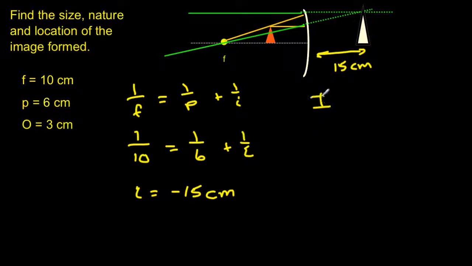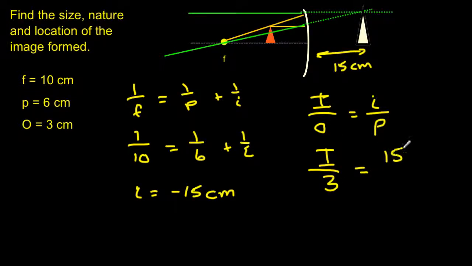Now we want to find the size, so we can use our second equation, which is I over O equals lowercase i over p. So the image size, which is what capital I stands for, over the object size, which is 3, equals i, which we just found, 15, divided by p, which was given as 6.